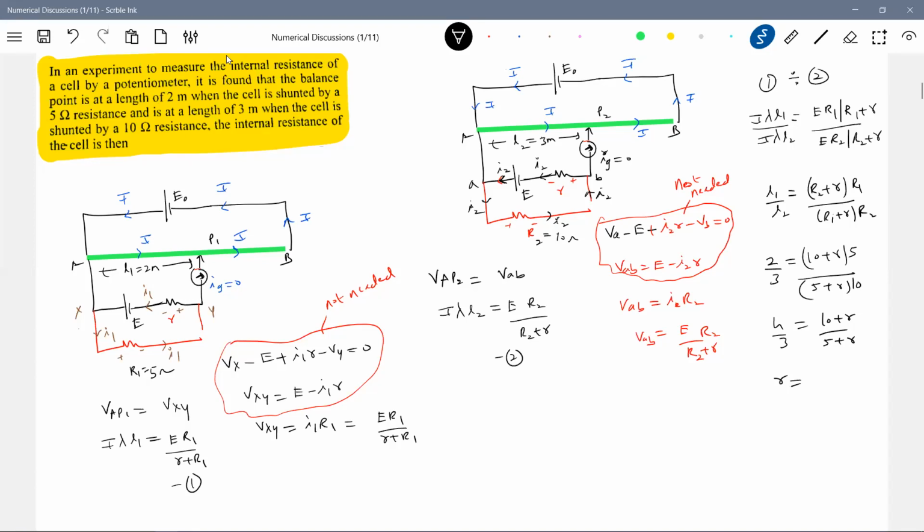Different types of potentiometers, so there are varieties of numericals. It's not that, okay, potentiometer r equal to 10. Internal resistance, such a high value. Let me check it. 20 plus 4r equal to 30 plus 3r. r equal to 10 ohm. Very high value.